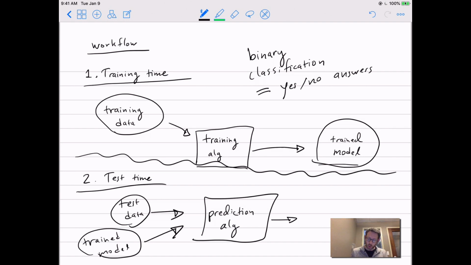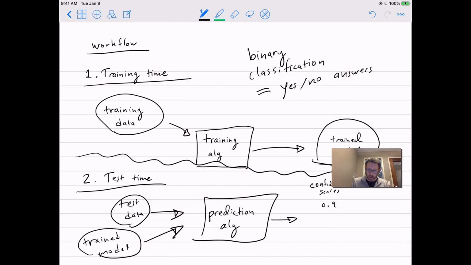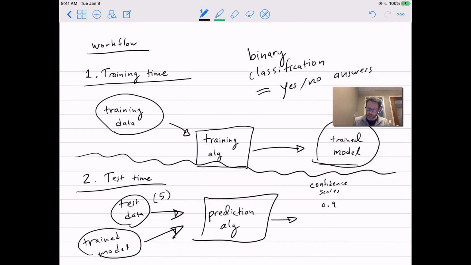All right, so what do we get out of the prediction algorithm? Essentially, for most models, we have confidence scores, and those confidence scores are going to be per input. So let's pretend there are 5 test documents. Then if we, in batch, get a prediction for each of them, then we'll get a length 5 vector of confidence scores out.